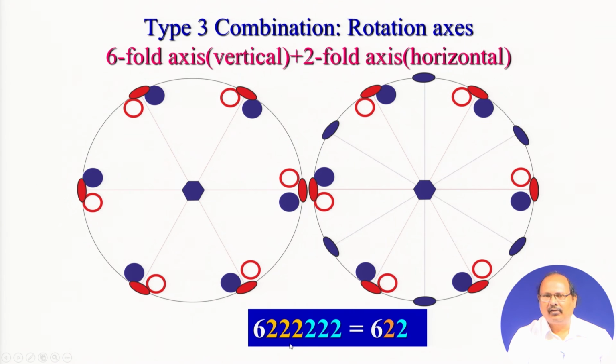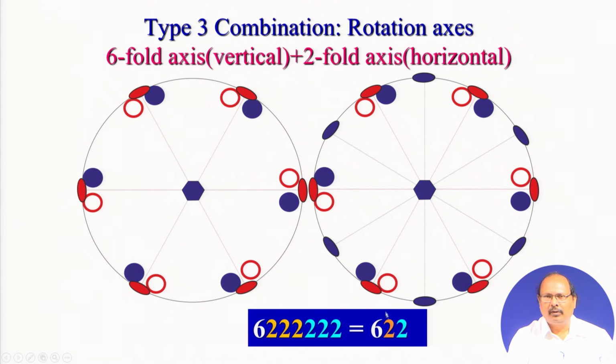There are a total of 6. They occur in 2 sets, which I have shown in 2 colors here. In each set there are 3 in number, and the angle between the two-fold axes in each set is 60 degree or its complementary 120 degree, whereas the angle between the two-fold axes in the 2 separate sets will be 30 degree here.